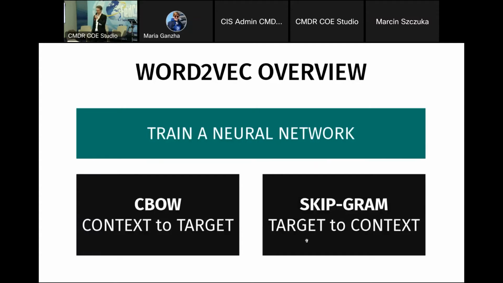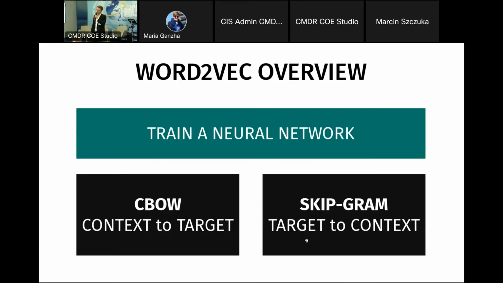had a text that was saying that one of the basic approaches to create a Word2Vec model is to train a very simple neural network that only has one hidden layer, and we can do this in one of 2 ways. We can either take the context words that surround our target word in a given document, and then try to predict this target word.